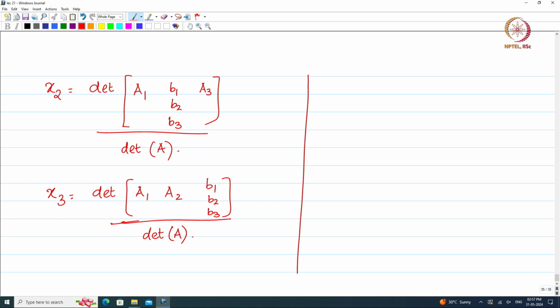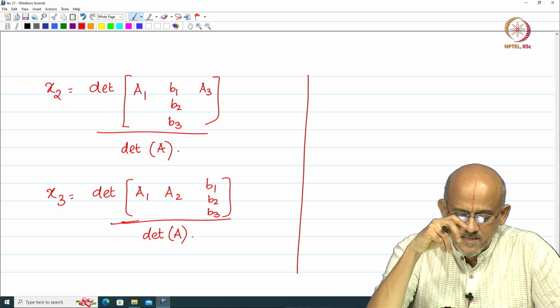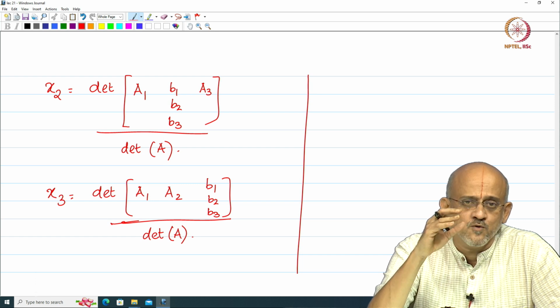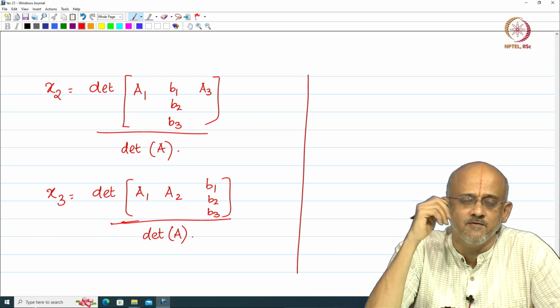We see that the value of x1 is basically the volume of the parallelepiped, with the first column of A being replaced with the column vector B, divided by the determinant of A, which is equal to the volume of the original parallelepiped that we had. So what is it saying? X2 basically is a scaling factor that you get.